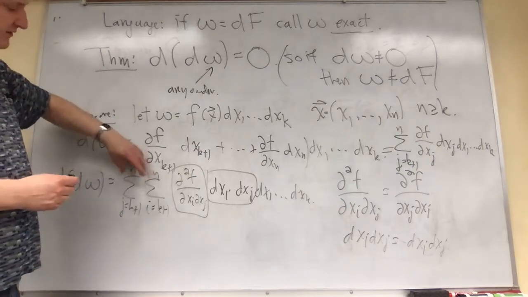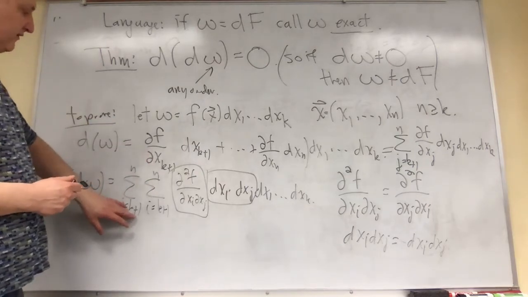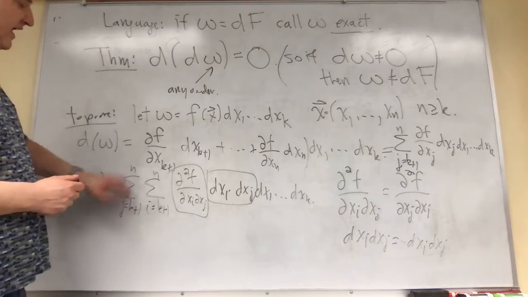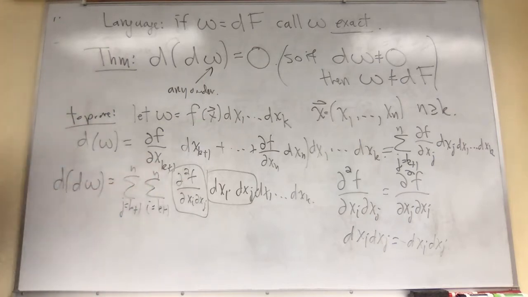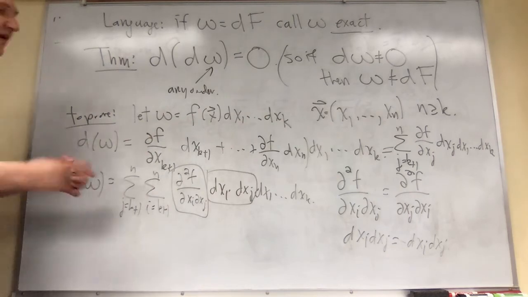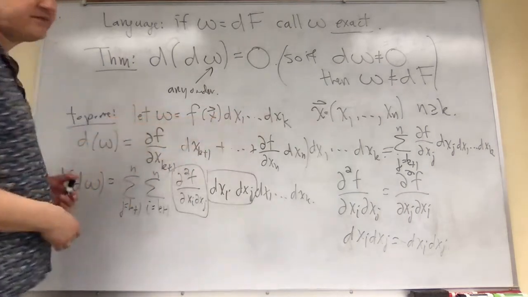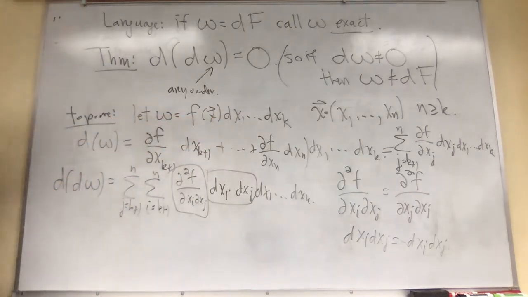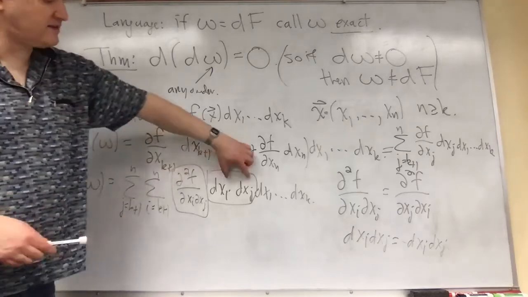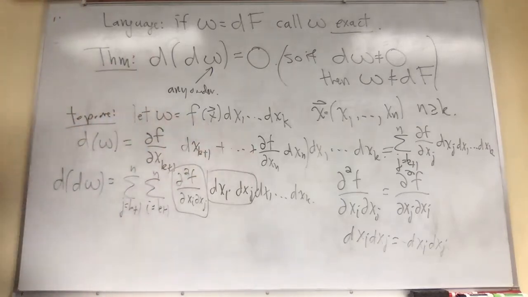We're adding up all of these, and there's whatever n minus k of these and n minus k of those. So altogether, there's n minus k whole thing squared of things here. The ones in the diagonal are all 0 because dxi dxi is 0.